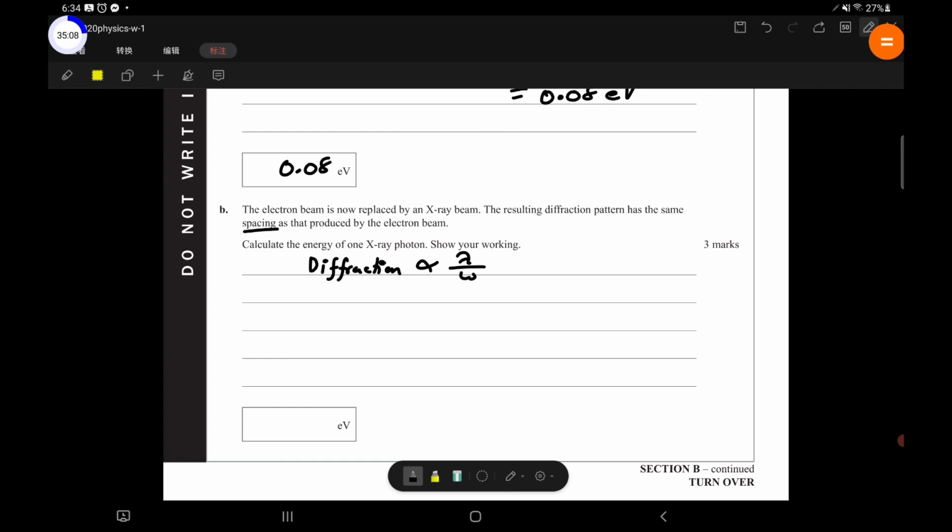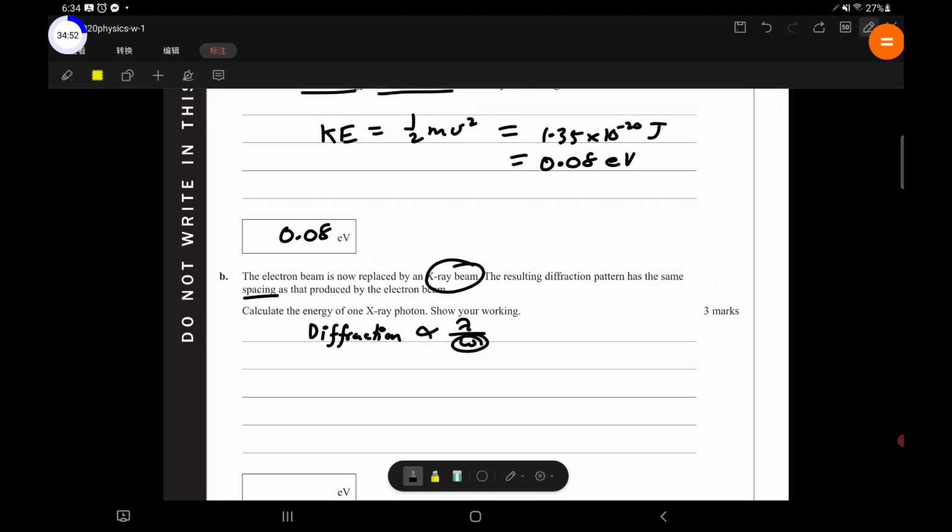If the spacing in the diffraction pattern is the same between this X-ray beam and the electrons that are fired, that means that the ratio of the wavelength and the width of the slit must be the same. Now, we can assume that W is the same for both the X-ray and the electron. So that means that the wavelength for the X-ray is the exact same as the wavelength for the electron.